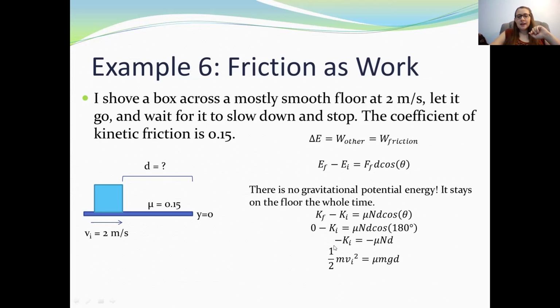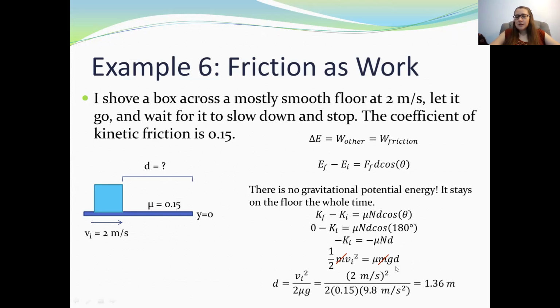And since we have a negative on both sides of the equation, we can just pop that out, cancel it on both sides. Right, so 1/2 mv squared equals coefficient times mass times g times displacement. We can see there's a mass on both sides of the equation, so that factors out, which is good because we weren't given the mass.